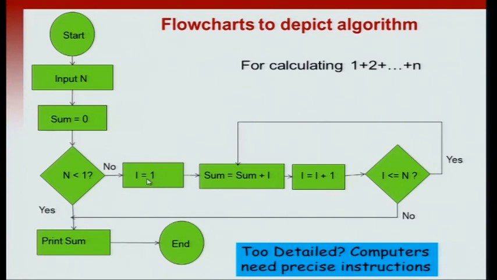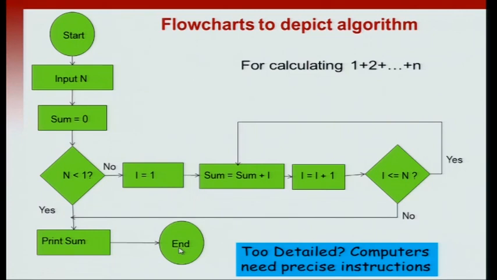So increment a counter from 1 all the way up to n. So you start with I equal to 1 and then add the ith number to the sum and then increment I. If I is already n, then you are done. If I is not n, then you go back and do the sum all over again, until you hit I equal to n. When you reach I equal to n, you come out of the loop, print the sum and end the program.